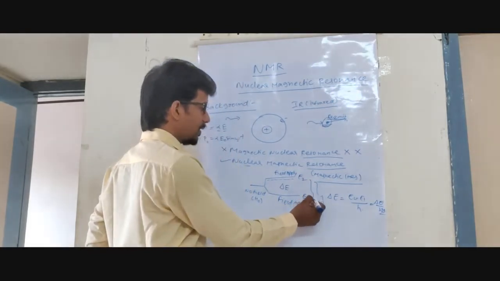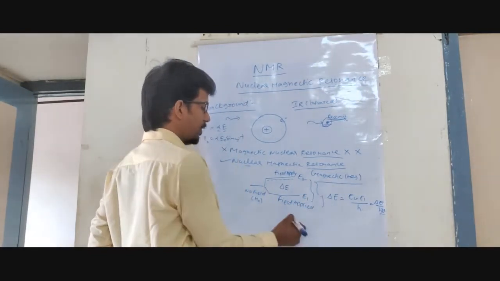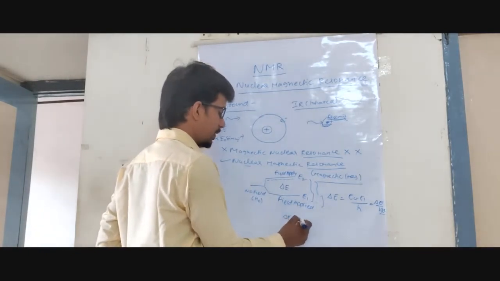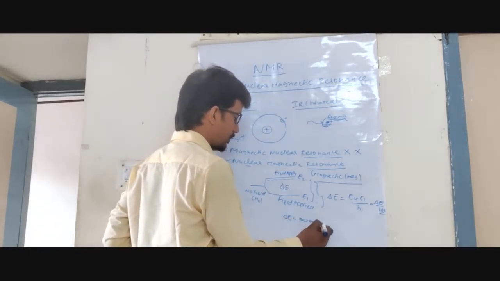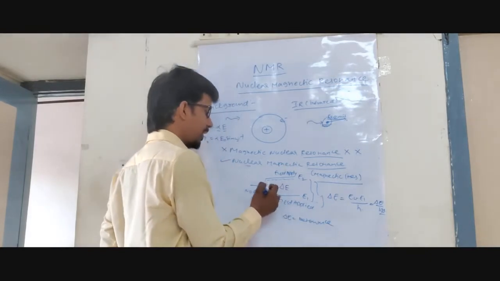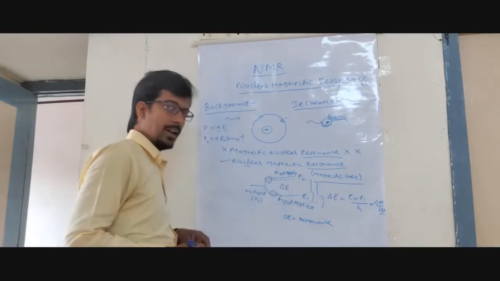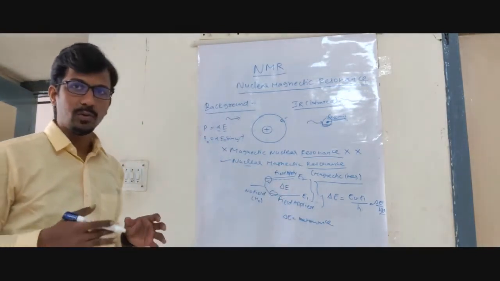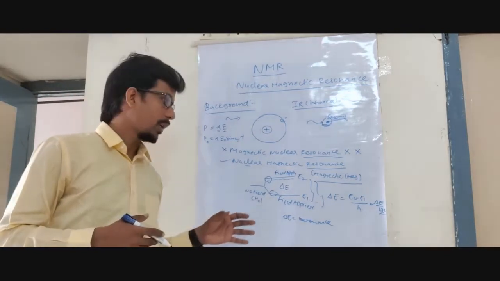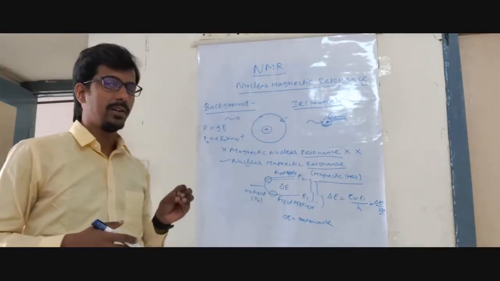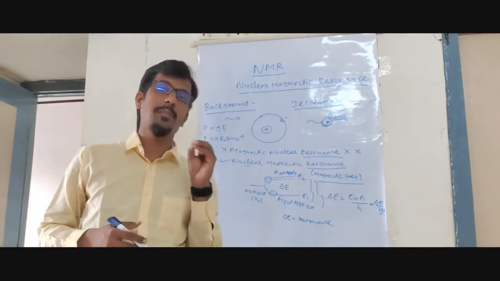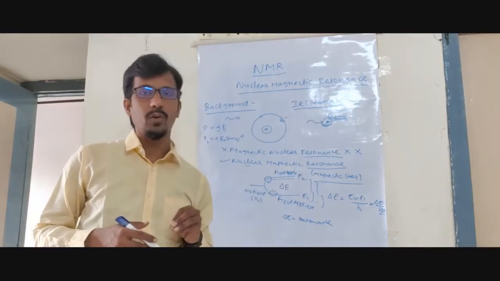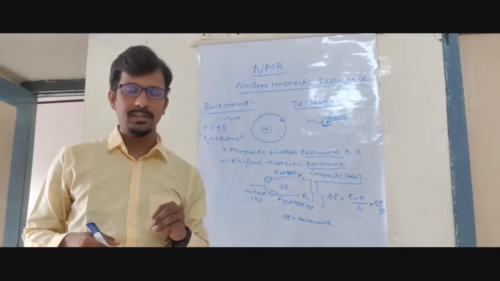Please remember this difference, delta E, is called resonance. So why resonance? This line and this line are not the same; both are different. Let us now discuss what NMR means, the theory of NMR spectra, and how we form the NMR spectra.